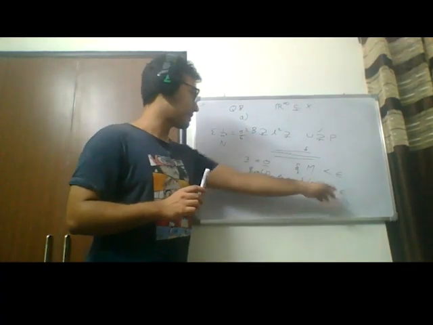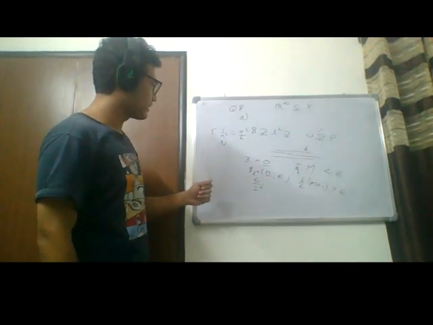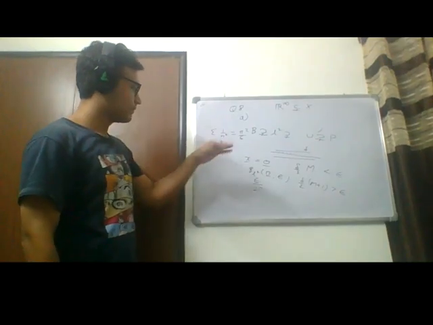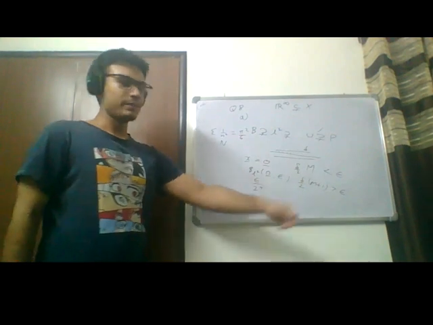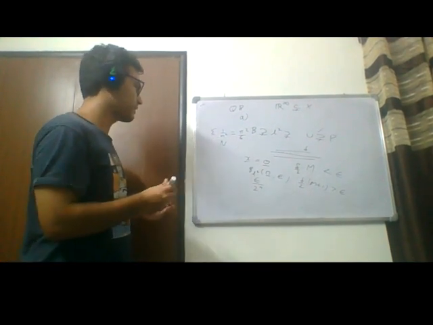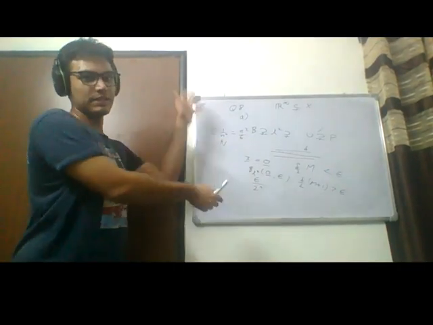I'm also assuming epsilon is less than pi square by 6, because if it's more than pi square by 6, we just need one epsilon example. So let's take a small enough value so that we can actually play around with it.